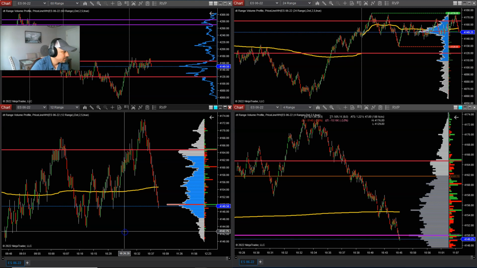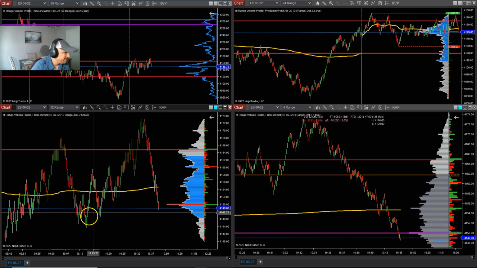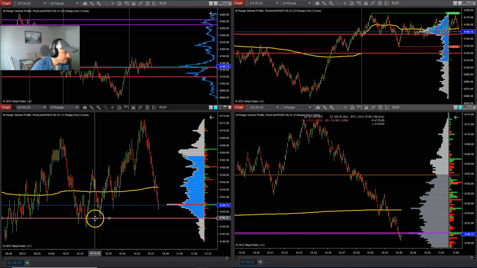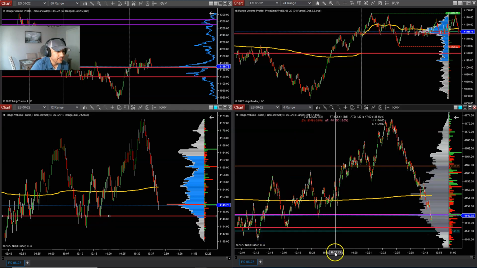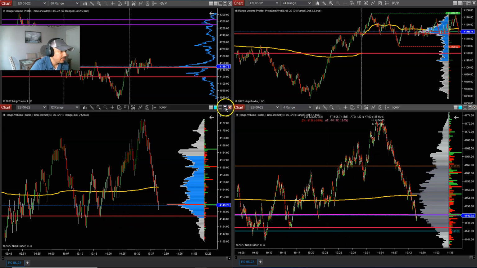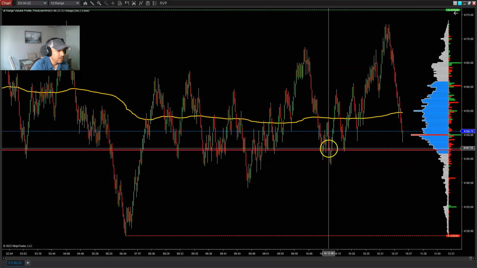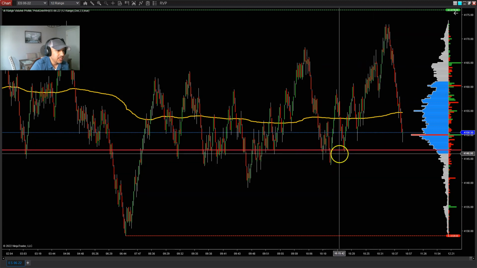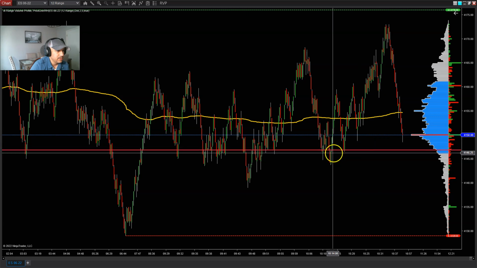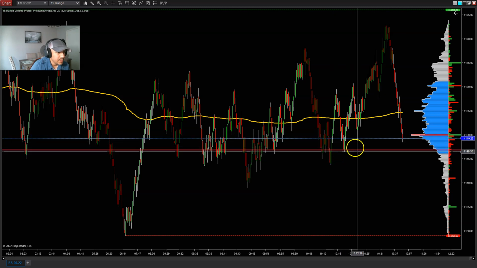All right, let's see. Oh, we're back down here to the lows again. Not today's lows, but the low of this swing to the upside. Trying to come back down here, test the lows. This area here, but let's see.